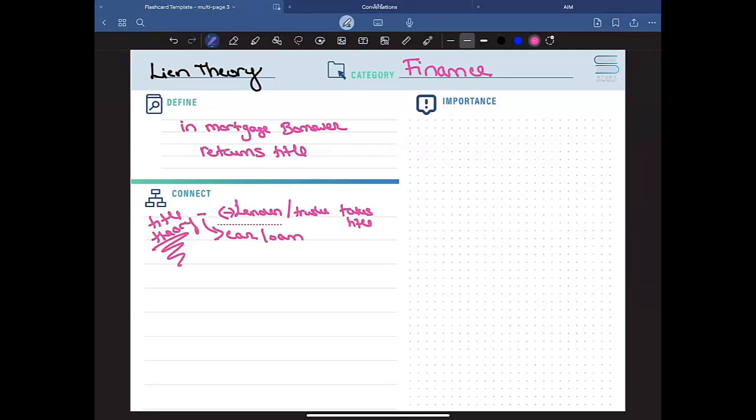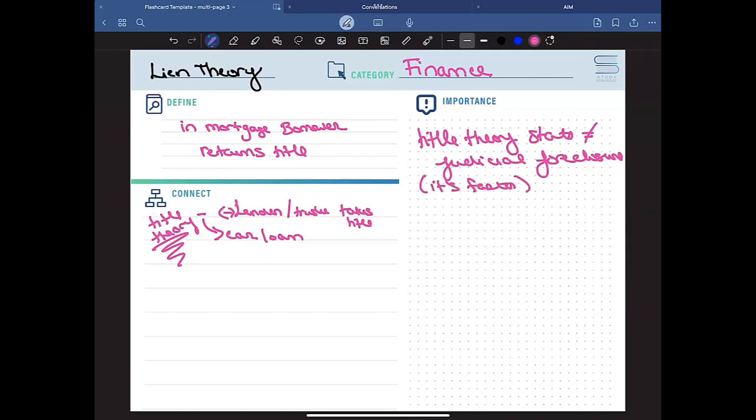In a title theory state, there is no judicial foreclosure, meaning it is faster for the bank to foreclose. Does that make sense?